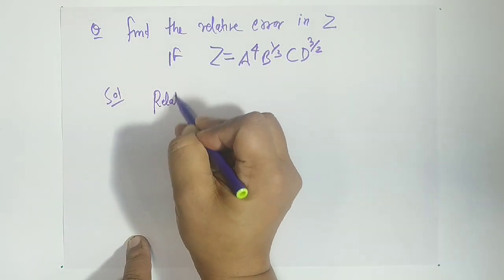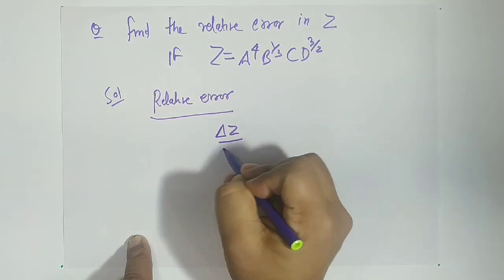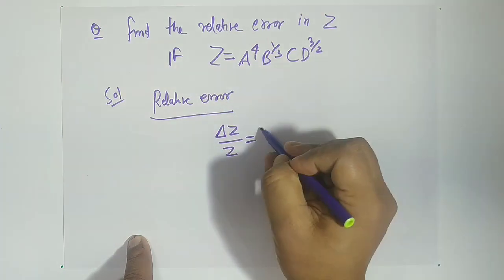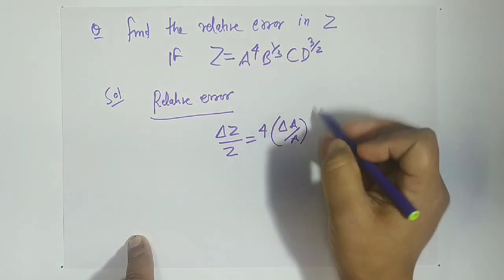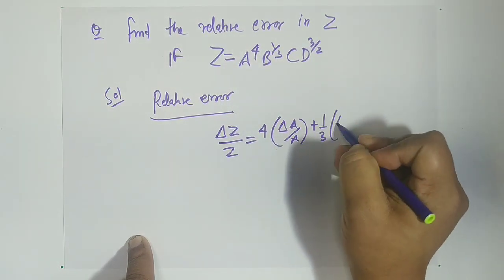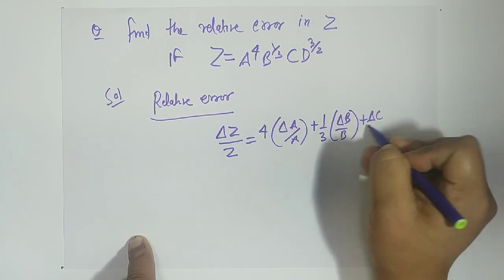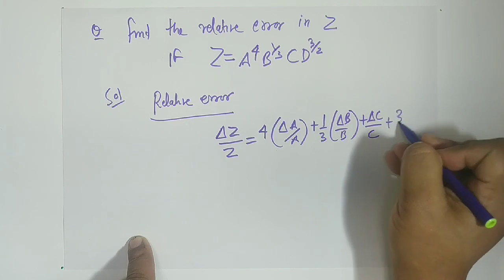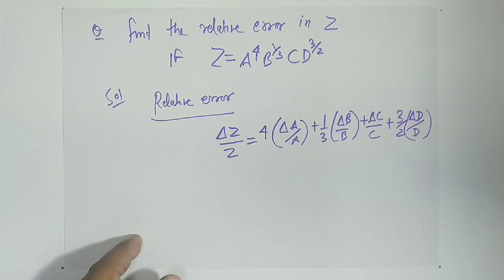Very simple, because this is a product. So delta z by z can be written: this is exponential, 4 times delta a by a. This is another exponential, 1 by 3 times delta b by b. Then there is no exponent, delta c by c. And 3 by 2 delta d by d. So this is the way we write the relative error. Then you can find the percentage error: you have to multiply by 100.